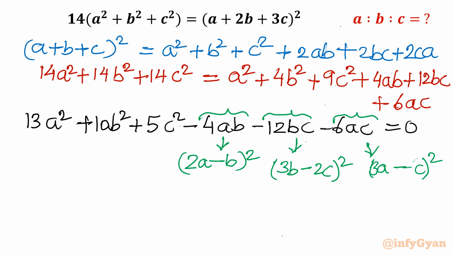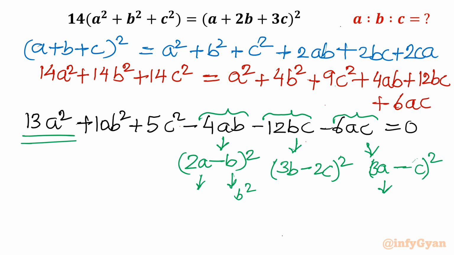Now we will manipulate the things. See, 2a square, that means from here we will be having 4a square, and from here we will be having 9a square. 4a square, 9a square, 13a square. Then I can split 3b whole square, that means 9b square, and from here we will be having 1b square.